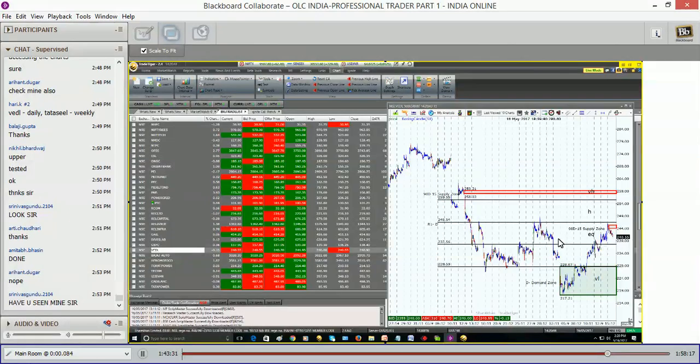Yes, Srinivasan, I've seen yours. Why did you mark the earlier level, my friend? Any other level over there in Tata Steel? Have a look, please.